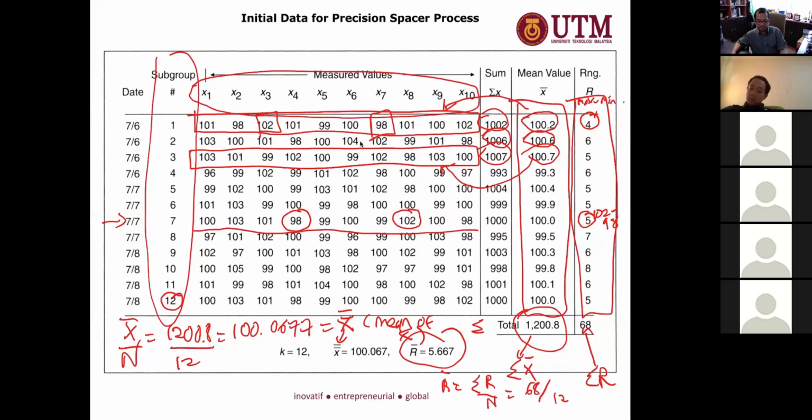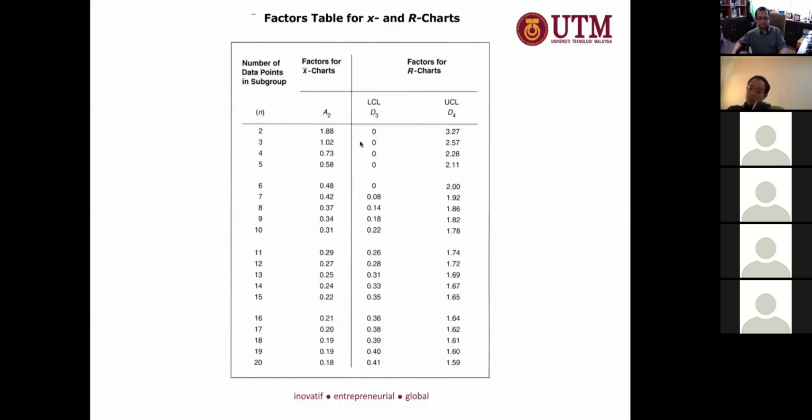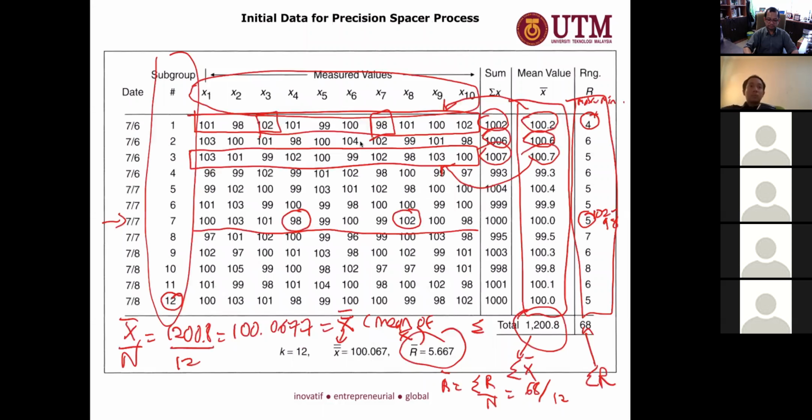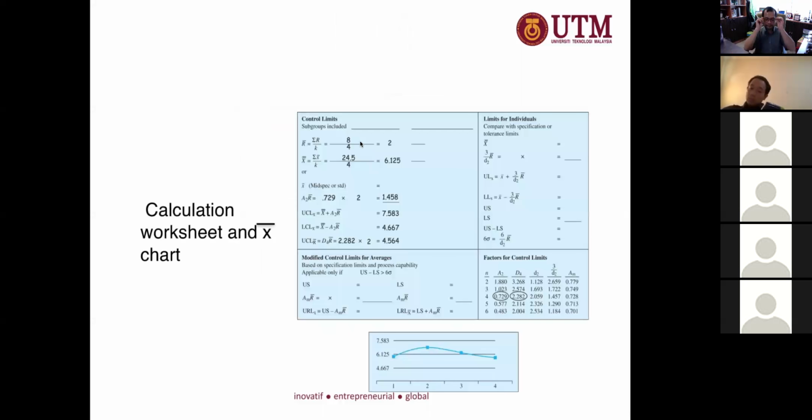So after we have the X double bar and R bar, we need to calculate the limits. If you remember the formula before, you have the formula here. Upper limit, lower limit: X double bar plus minus A2 times R bar.